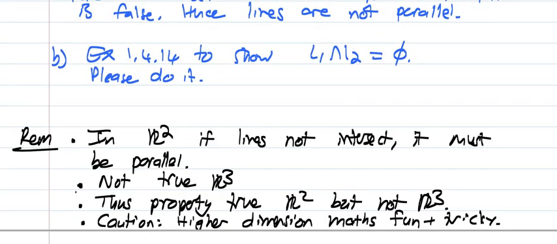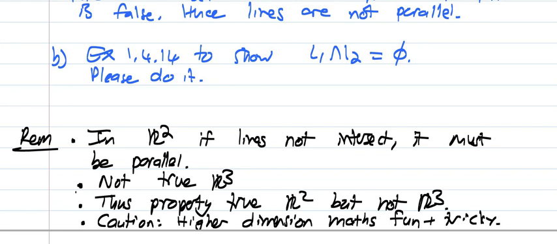All right. So some remarks. So we know in 2D, if two lines do not intersect, they must be parallel. But this example that I showed you was an example of two lines that didn't intersect, but they weren't parallel either. So it means that this is a property that's true in 2D, but it's not true in 3D. All right.